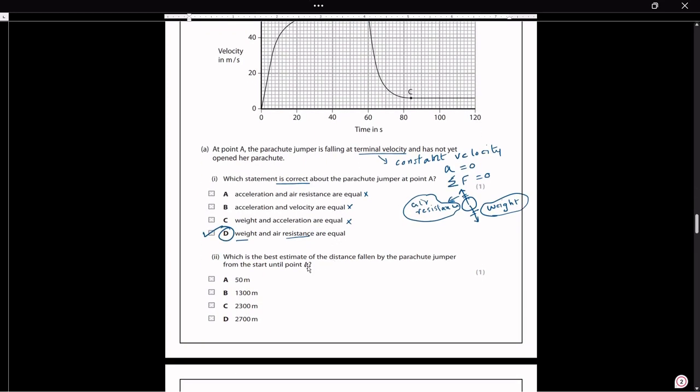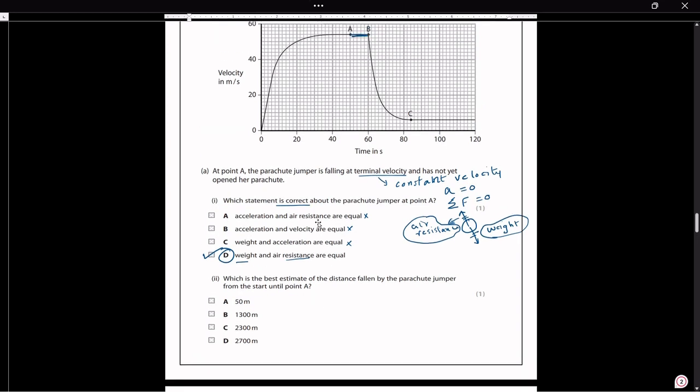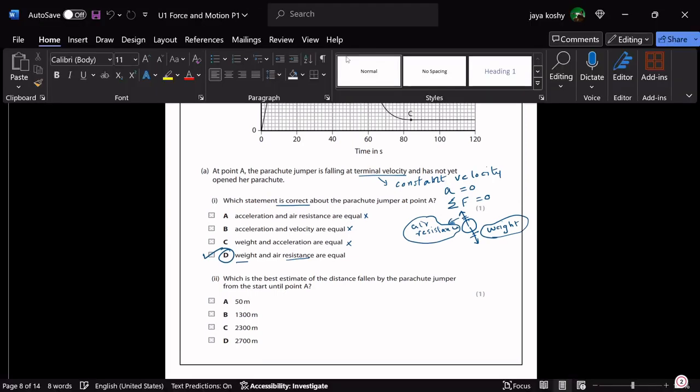Next part is, which is the best estimate of the distance fallen by the parachute jumper from the start until point A? Until point A means the best estimate.